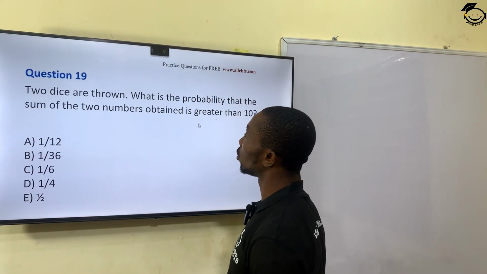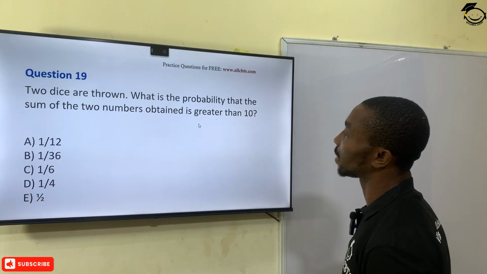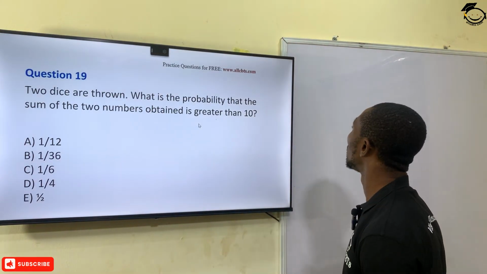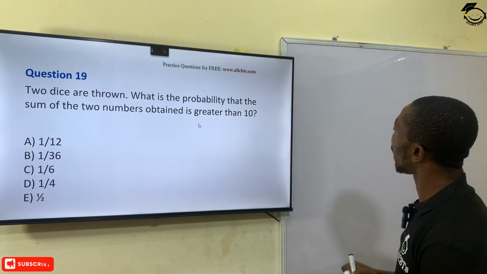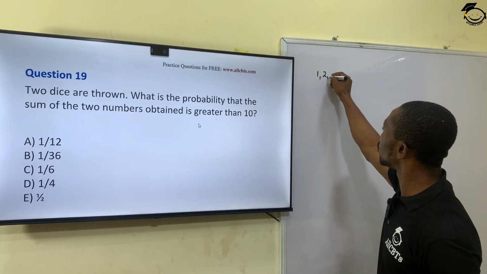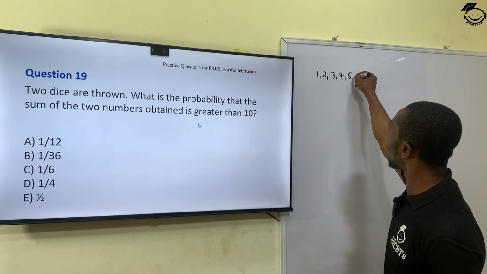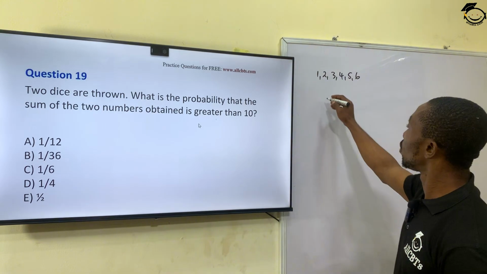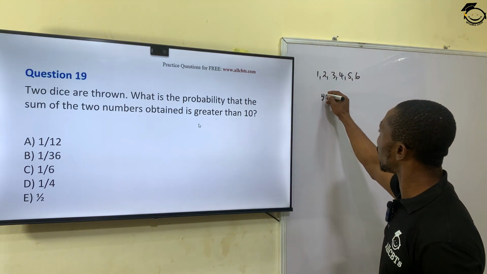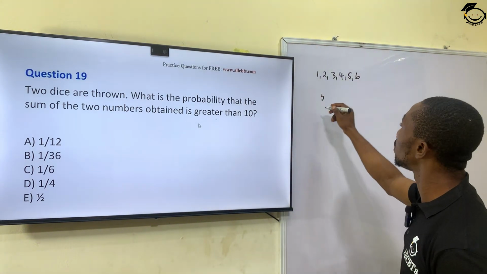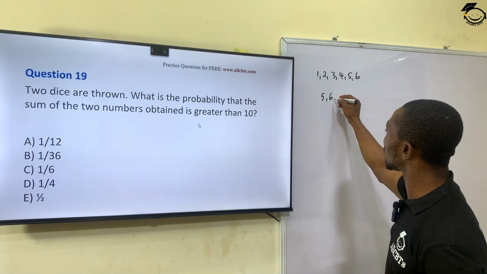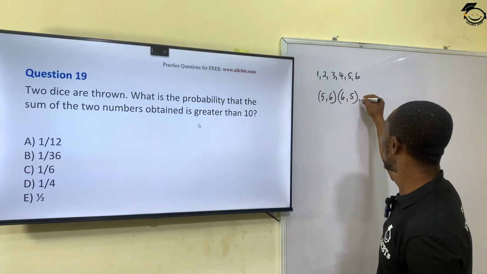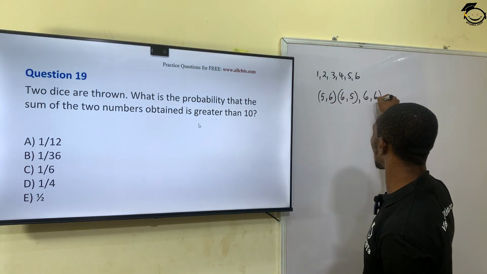2 dice are thrown. What is the probability that the sum of the two numbers obtained is greater than 10? Now, in our die, we have 1, 2, 3, 4, 5, 6 for each of them. Now, for us to obtain a number greater than 10, we are either having a 5 and 6, or a 6 and 5, or a 6 and 6.